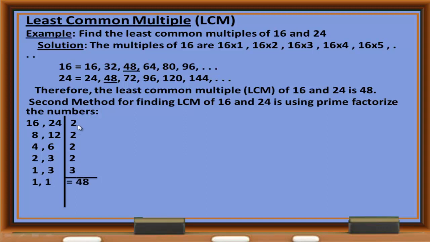Finally, we multiply. 2 times 2 is 4. 4 times 2 is 8. 8 times 2 is 16. 16 times 3 is 48. Therefore, the LCM of 16 and 24 is 48. As we have found here, it is 48.